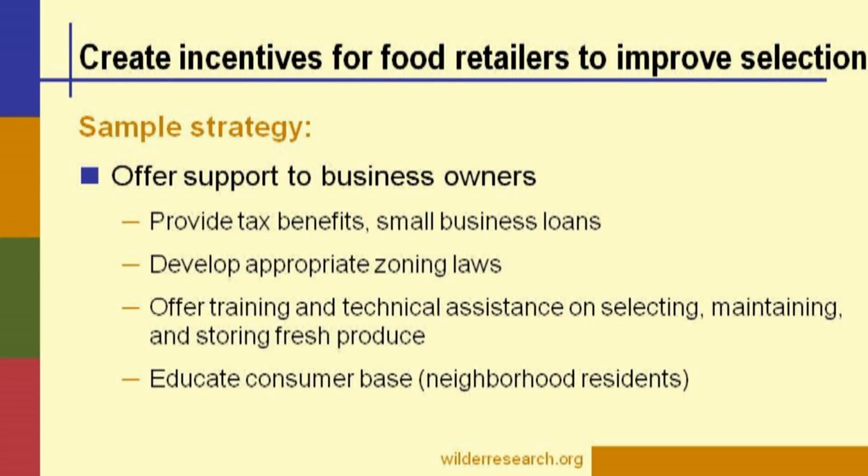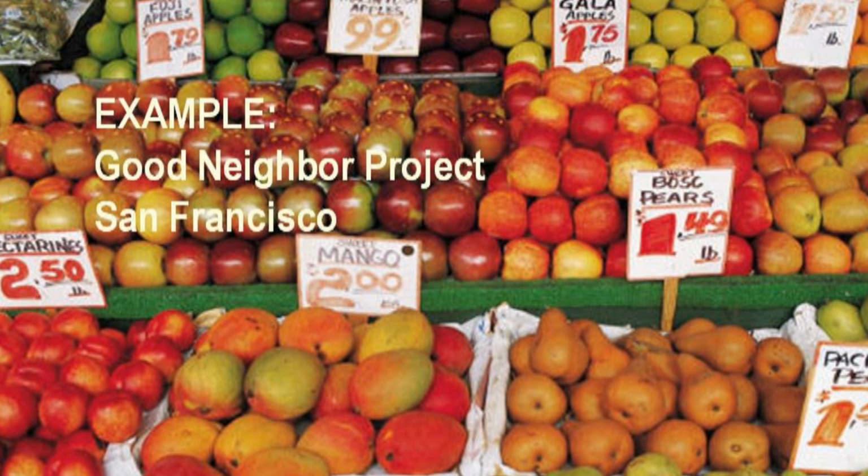Different types of incentives can also be offered to small business owners to encourage them to change the types of items that they're selling in their markets to include more fresh fruits and vegetables. The Good Neighbor Project in San Francisco is one example of this.